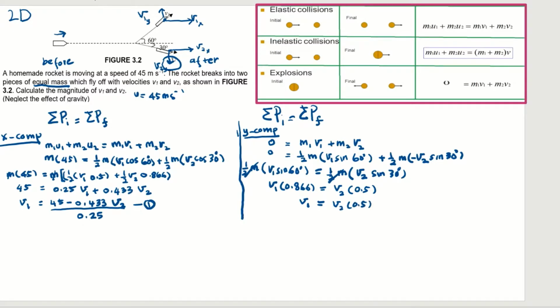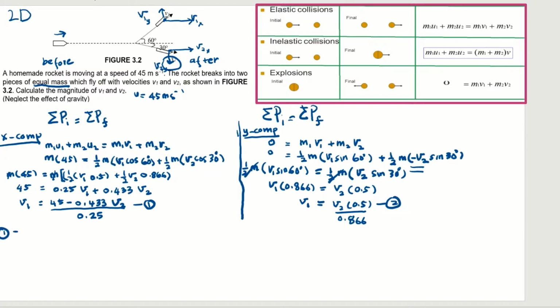Then you can see two equations here. Equation 1: v1 equals (45 minus 0.433 v2) divided by 0.25. And the second equation: v1 equals v2 times 0.5 divided by 0.866. The sign is important.